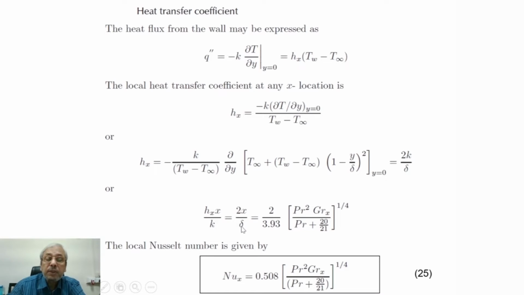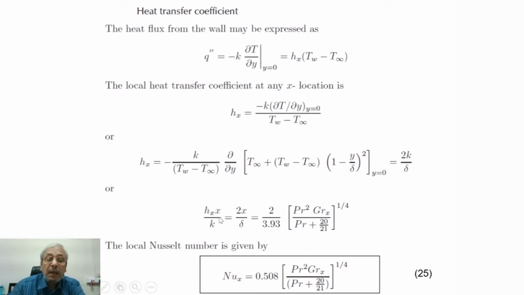Now we know the expression for delta by x, so for twice x by delta, we substitute the expression for delta by x and we get 2 by 3.93 Prandtl number squared, Grashof number, Prandtl number plus 20 by 21 to the power 1 by 4.